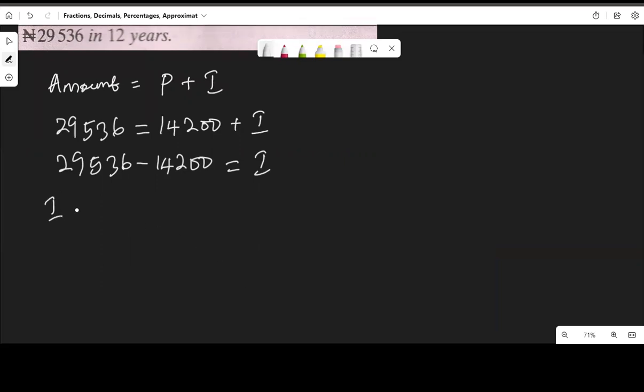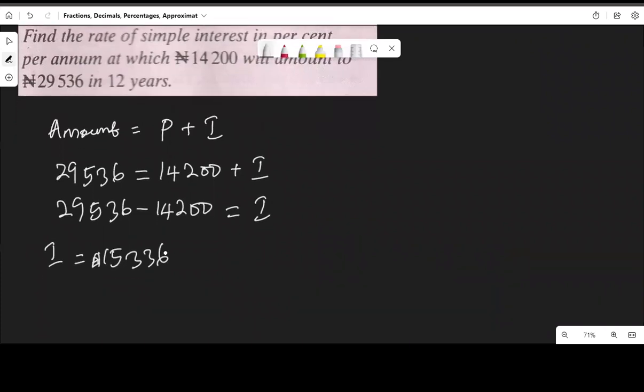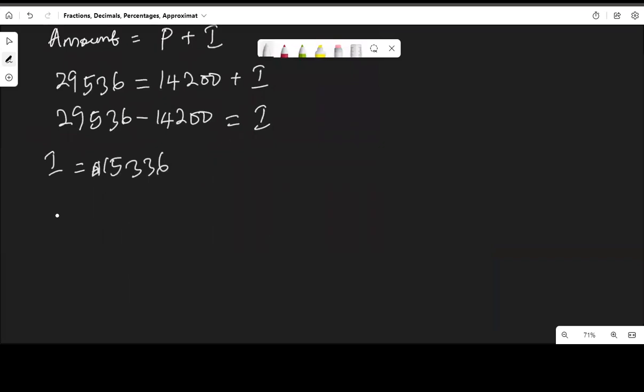So interest is 15,336 naira. Now the question says we should find the rate of simple interest in percent per annum. We know that simple interest I is principal times rate times time over 100.